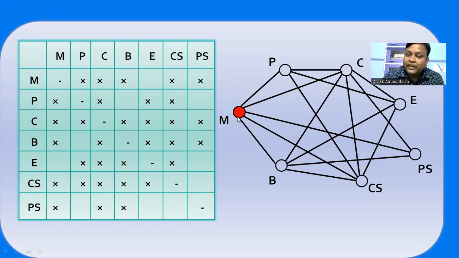But we can color the vertex E red, because there is no edge between M and E, so these 2 vertices are not adjacent to each other. So we take this vertex as red, and then physics blue, and in such a way the coloring process is completed. Here we see that only 4 colors are used.